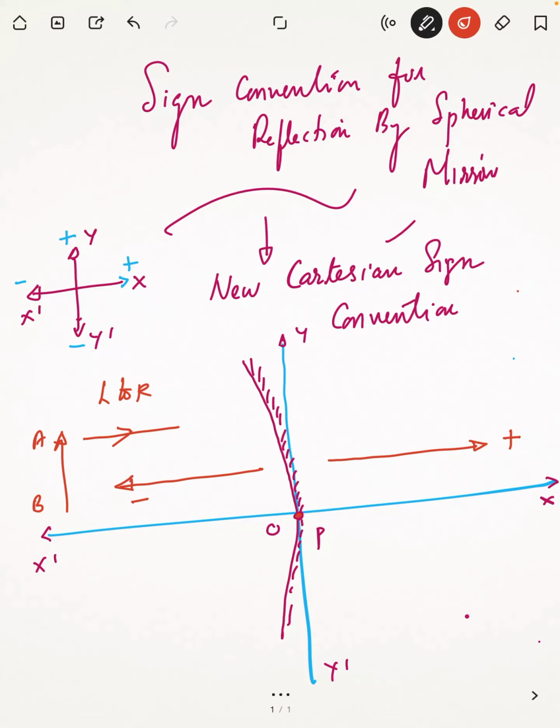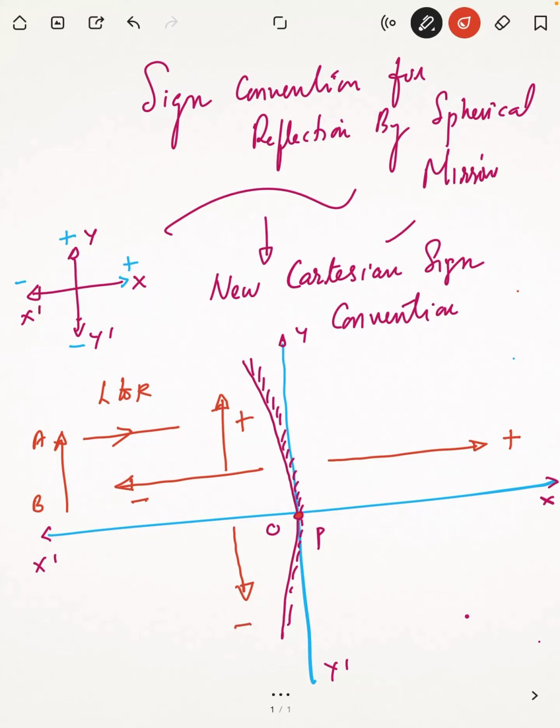Distances measured upward perpendicular to the principal axis are positive, and distances measured downward perpendicular to the principal axis are taken as negative. The x axis will be taken as the principal axis.